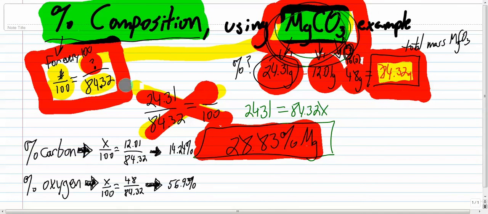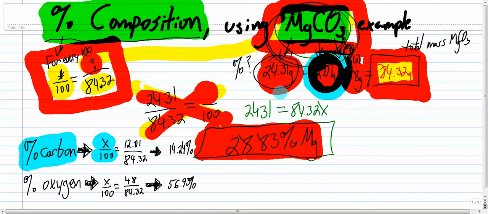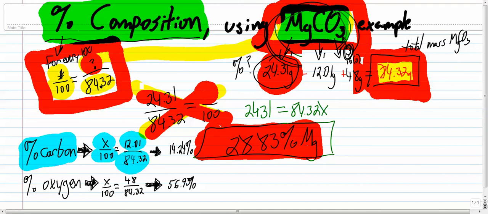Okay, so through the magic of pausing, I'm back. If I want to know the percent by mass of carbon, right here is where I did my problem. I said x over 100, and x is going to be my percent of carbon. I took my carbon number up here, which was 12.01, and I divided that by the total, which was 84.32.